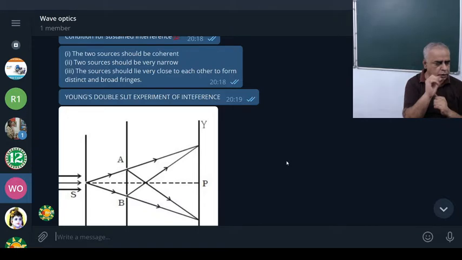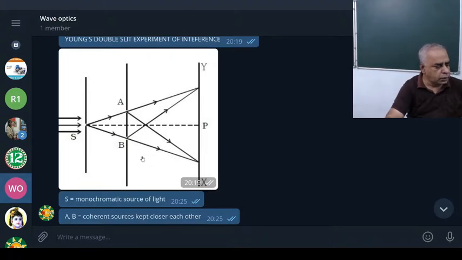That is, the distance between A and B, which we already discussed as small d, should be as low as possible. The sources should lie very close to each other to form distinct and broad fringes. So these are the essential things.